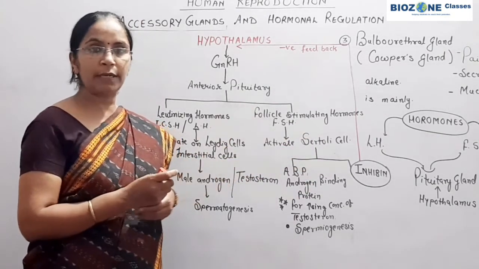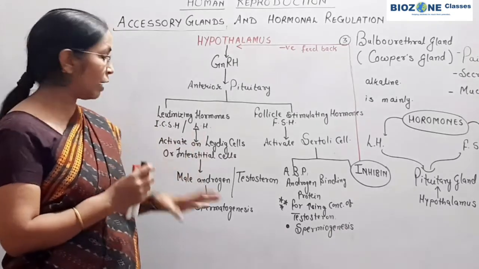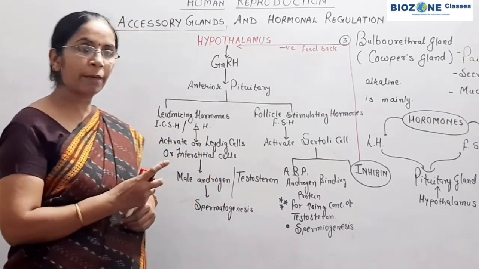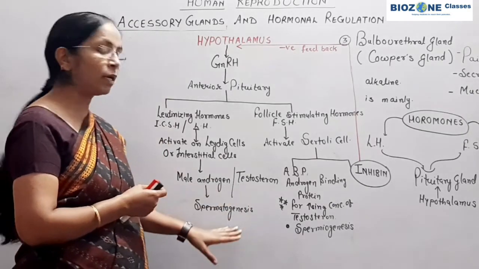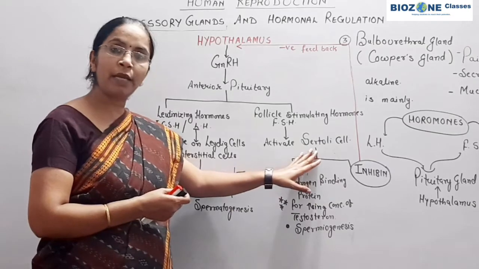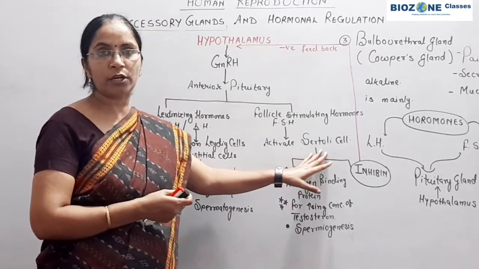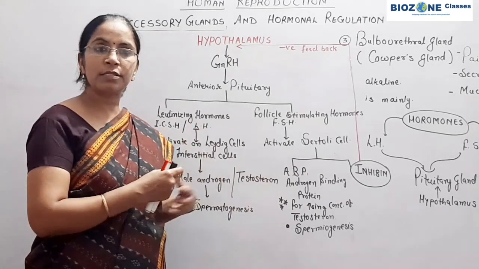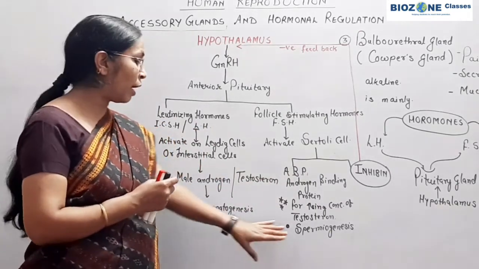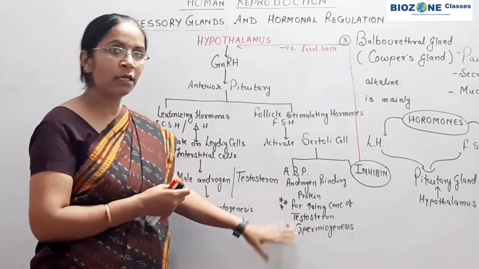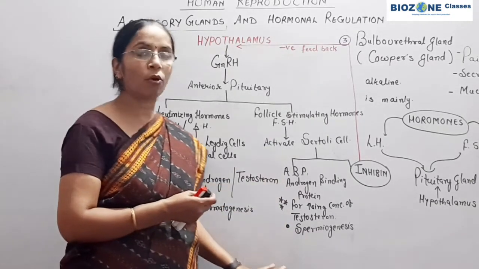Male androgen is mentioned in NCERT. Male androgen means testosterone, a steroid hormone. So testosterone is responsible for spermatogenesis. This ABP or androgen binding protein of the Sertoli cell is required, on one side, for increased concentration of testosterone, and secondly for the process of spermiogenesis. This much part you remember for the hormonal regulation.